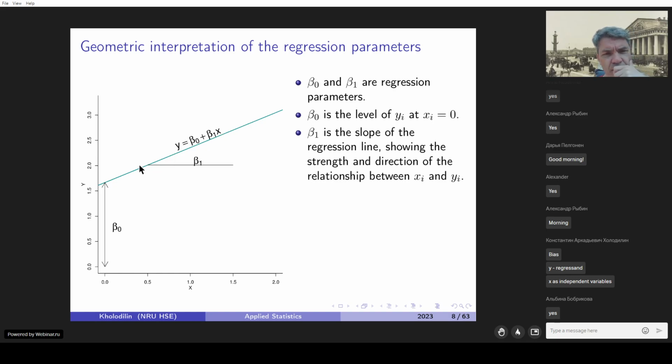If the line is parallel to the horizontal axis, then there's no relationship at all. And the sign of beta measures in which way the relation goes, whether it's positive or negative.